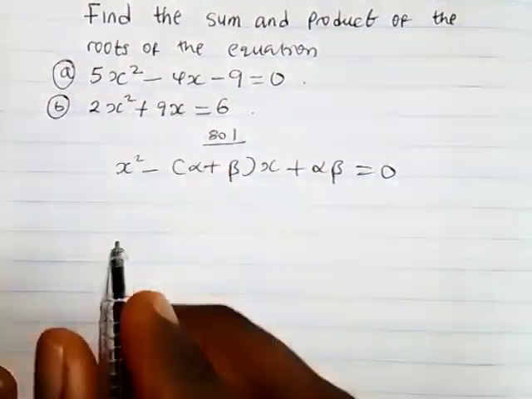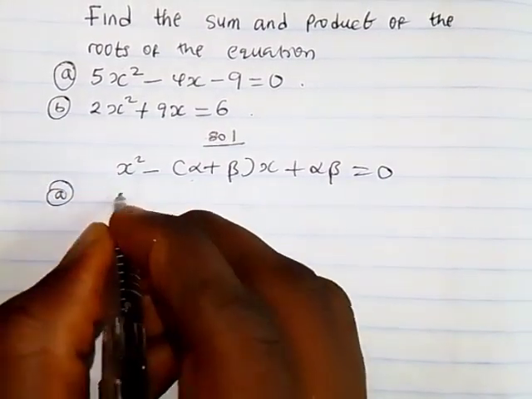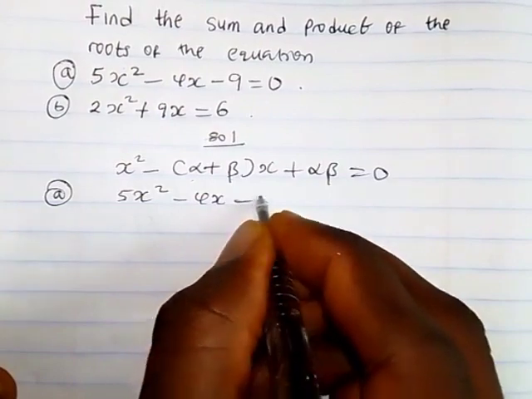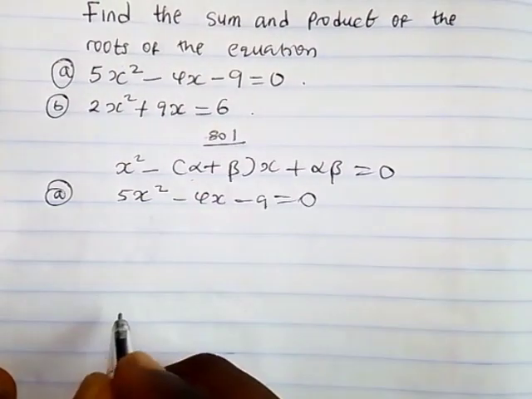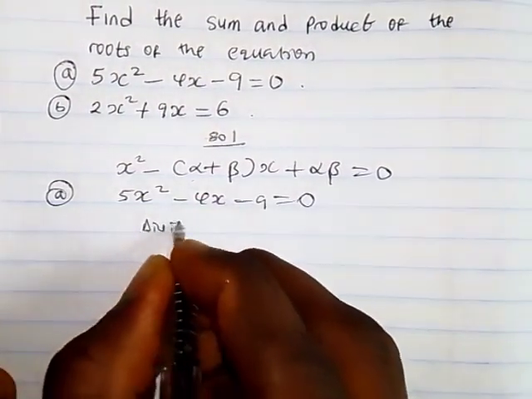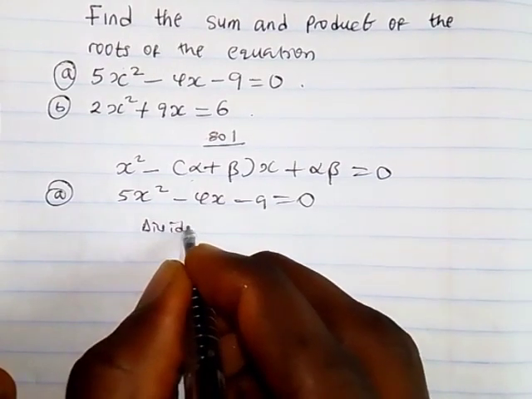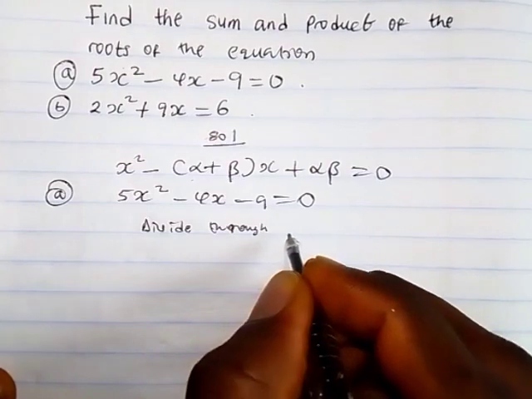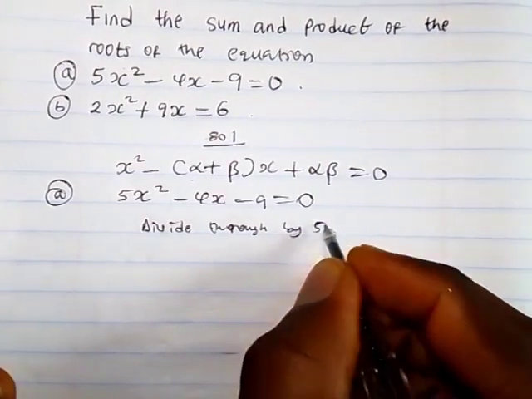Now, to solve question A, we have 5x squared minus 4x minus 9 equals 0. So we divide through by 5.